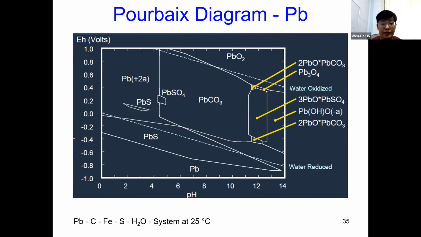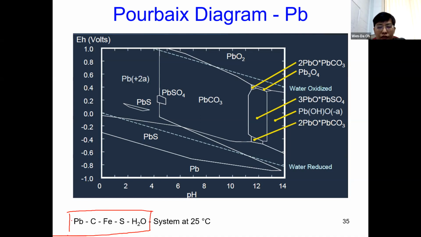In fact, this is not considered very complicated; this is still okay. There are many Pourbaix diagrams that are more complicated. This one refers to the lead, carbon, iron, sulfur, and H2O system.